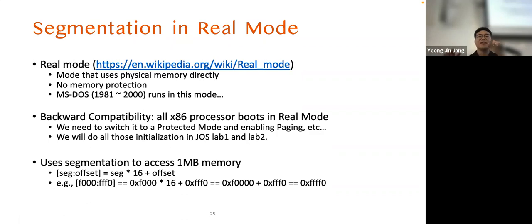We turn on protected mode because our JOS will not run in only 1 megabyte of memory. We will have either 128 or 256 megabytes of memory later, so we need to enable protected mode, but we will learn about that later. The important thing is that in real mode, segmentation works by multiplying the segment register by 16 and adding the offset.